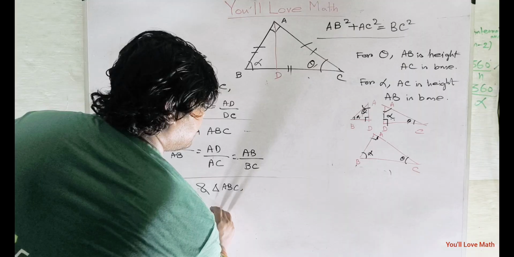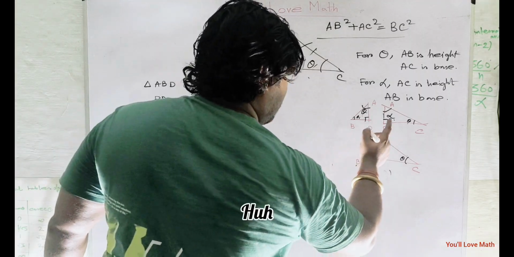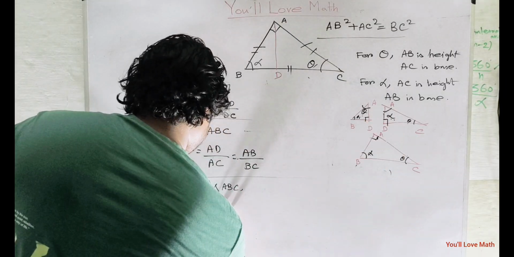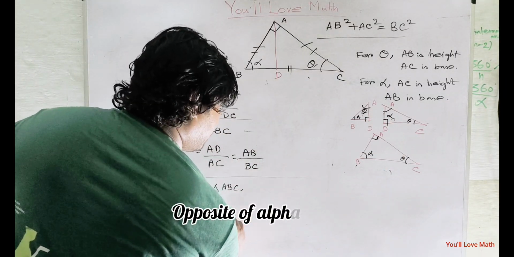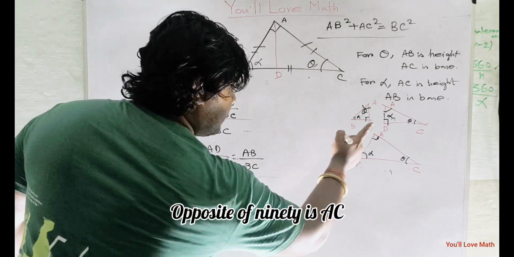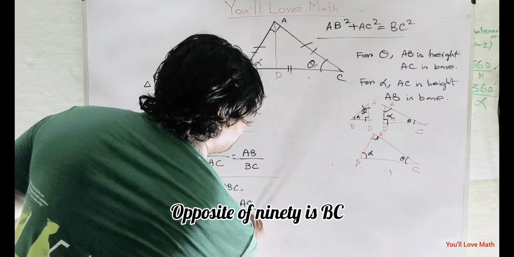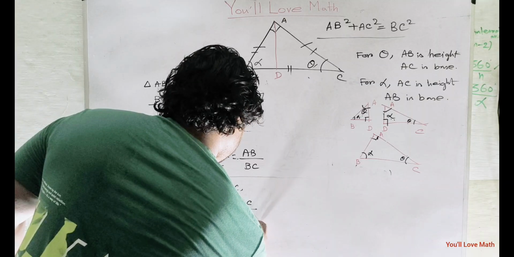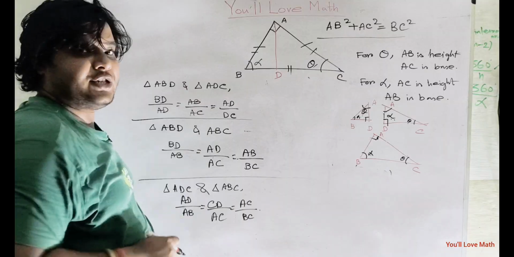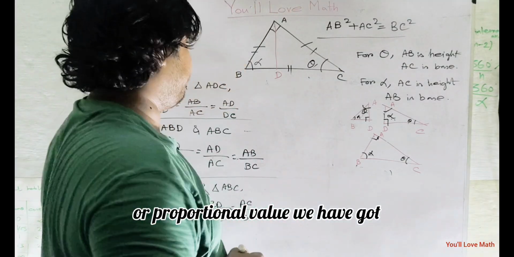Opposite of alpha is CD, opposite of alpha is AC. Opposite of 90 is AC, opposite of 90 is BC. So these three ratios or proportional values we have got.